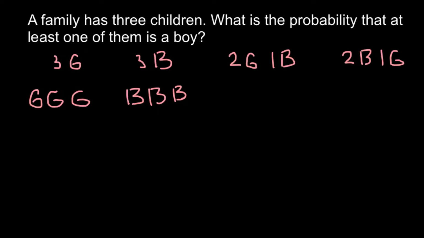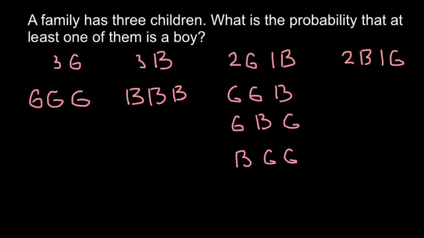And now take a look at what would happen if a family would have 2 girls and 1 boy. So this family may have a girl, a girl, and a boy. But another variant can be that the first child would be a girl, the second would be a boy, and then a girl. Yet another variant would be that the first child would be a boy, and then 2 girls in a row.